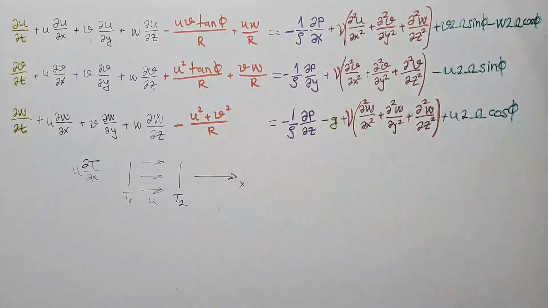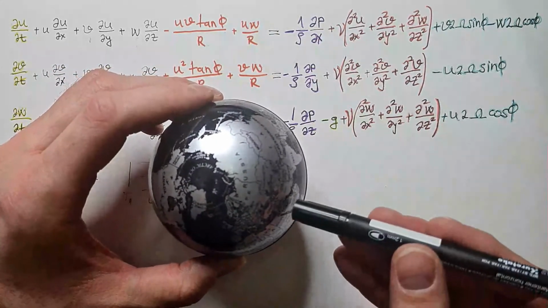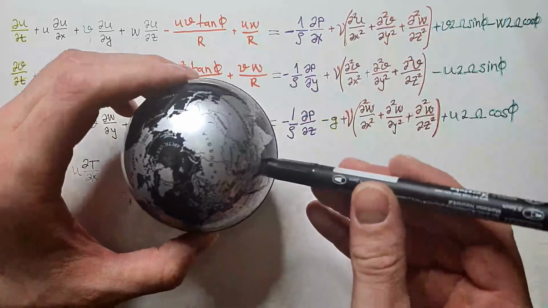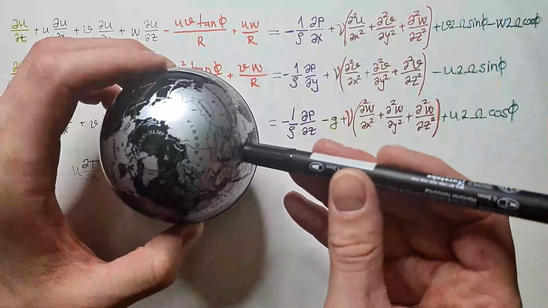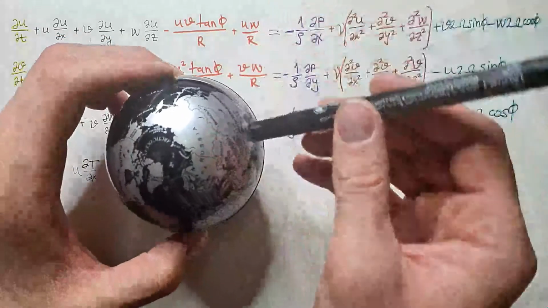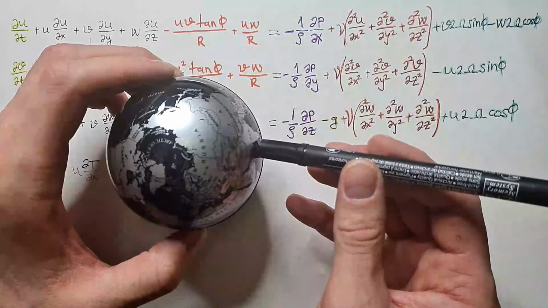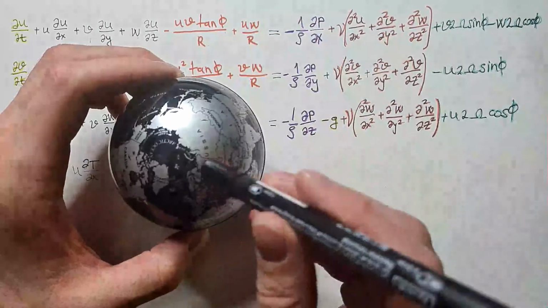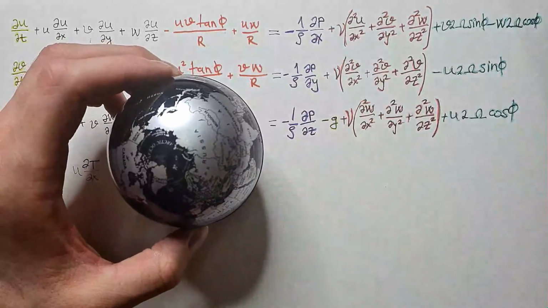I explained in one of my previous videos that curvature terms arise because if we have planet Earth, and let's say this is the k vector, unit vector k pointing up, look, as a parcel of air moves around, the orientation of this vector changes. As it moves in the direction of latitude, this vector again changes.